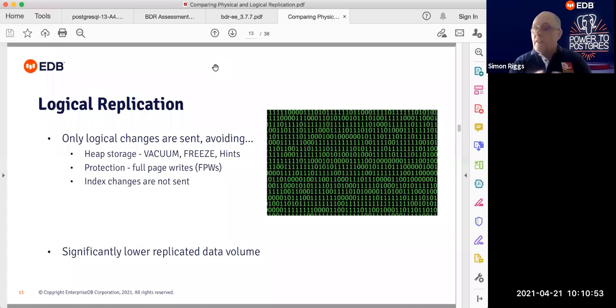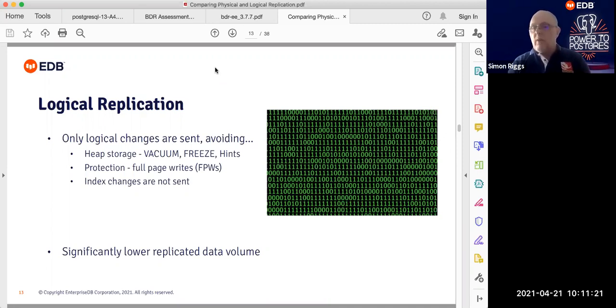In fact, they're filtered away, right? And that means that the amount of data that we're sending across the replication link is much lower when we have logical replication. And that's particularly important when we consider things like full page writes, because they occupy a very significant amount of space within the transaction log, and also index changes.